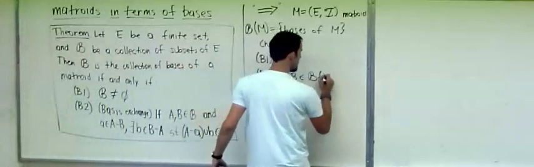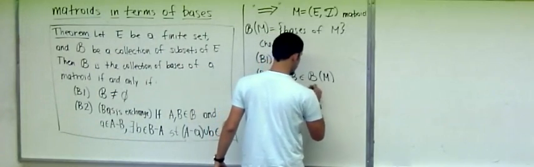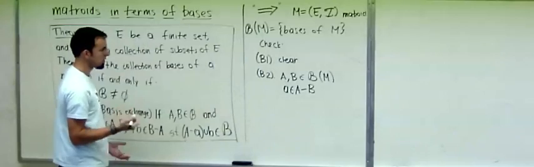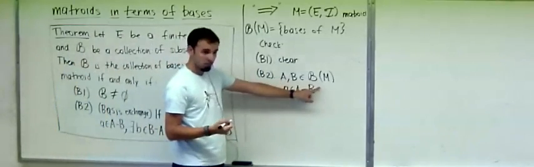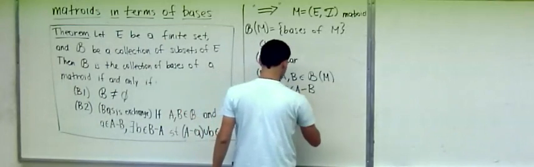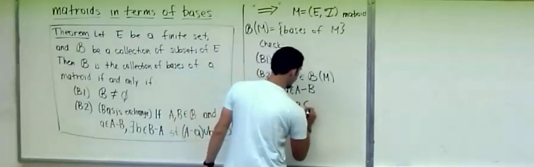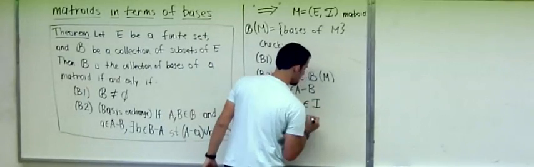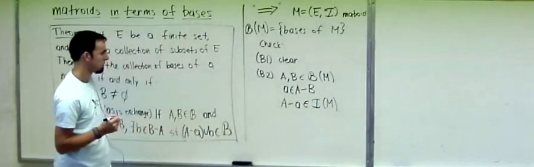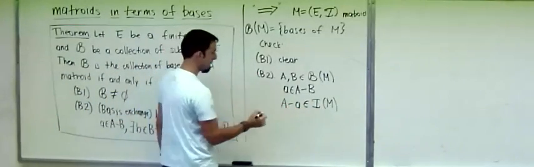So if I take two bases of M, and I take an element a of A minus B, then what happens? A is a basis of my matroid, which means that if I remove little a from it, then I get an independent set. A minus a is an independent set of the matroid.